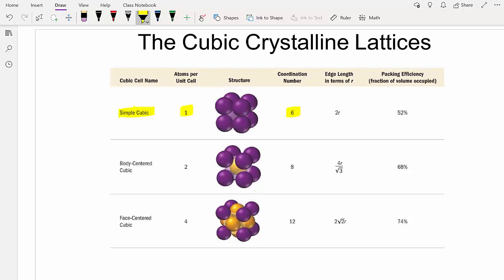But this is another very important terminology to remember. The edge length of each unit cell in terms of the radius of the atoms.